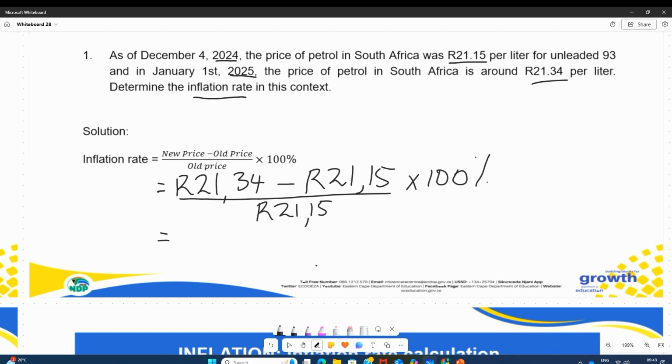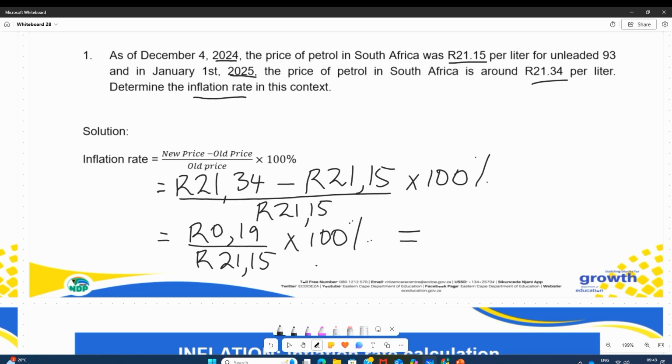So when we feed this to our calculator, the numerator part will give us 0.19, meaning the difference there. The denominator comes back as it is. Remember, we should multiply this whole thing by 100 and the answer that we get. Now we have different units in this question of ours.